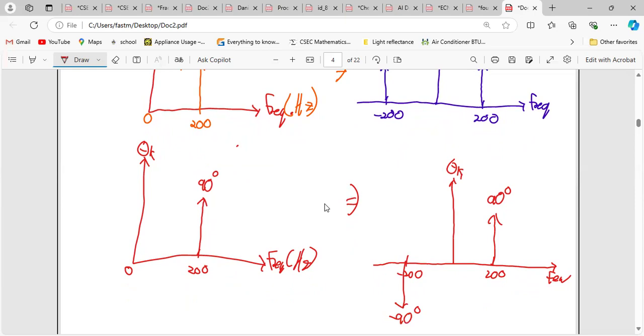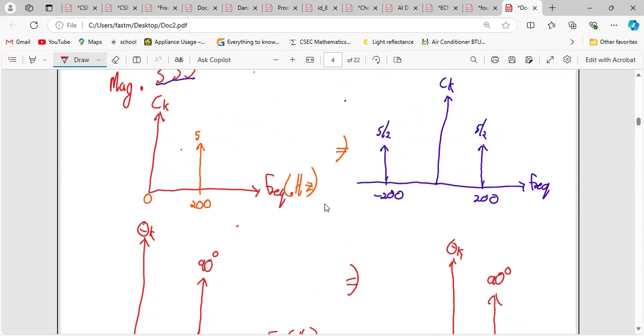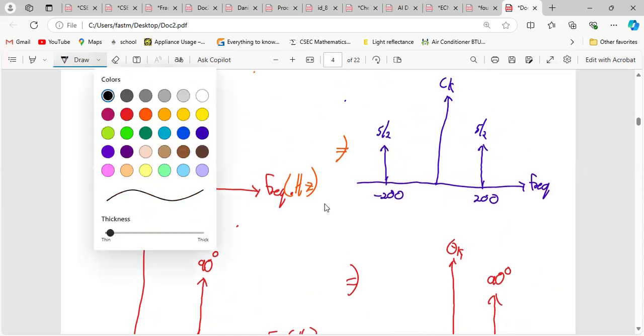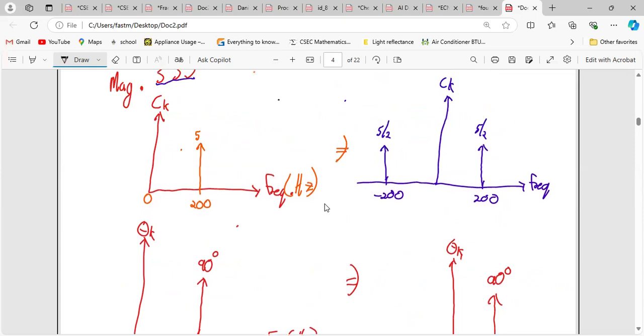So that's going over it. If you want to go to the double-sided from the harmonic form, you have to go through the single-sided. When you do any question and Miss asks for the double-sided, and she never says to go through the exponential form, go through the harmonic form, sketch the single-sided spectrum, actually sketch it.